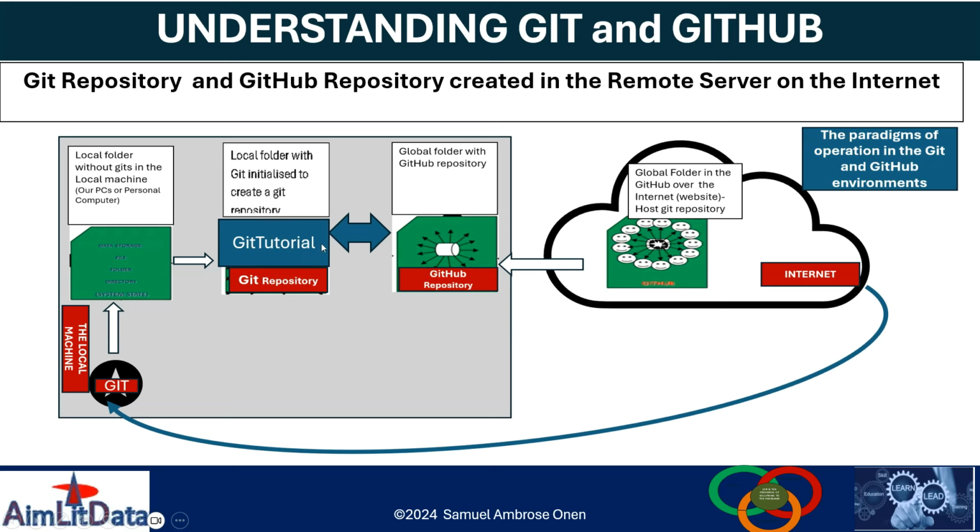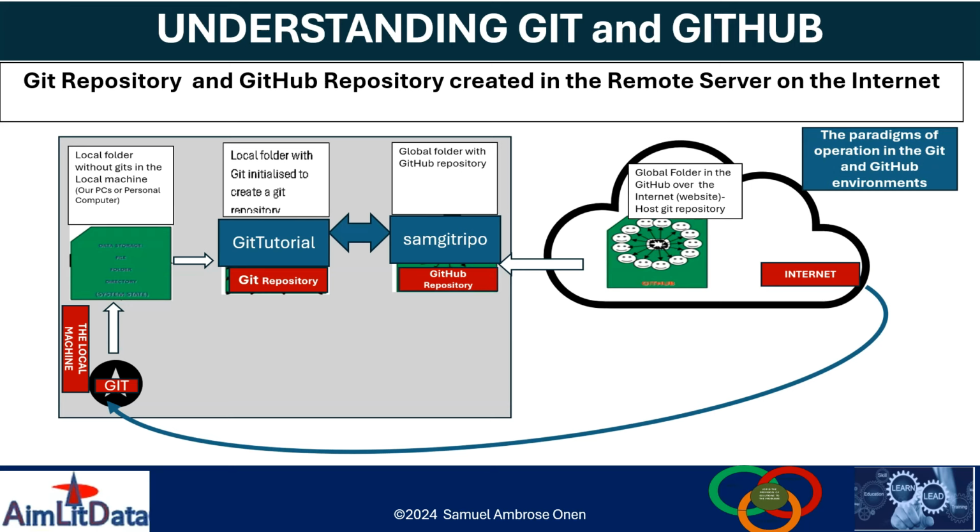And I told you that this local repository is directly linked to the global repository, which is called the GitHub repository. Remember, there's a difference between Git repository and GitHub repository. Git repository is created locally on your machine, and GitHub repository is created inside the GitHub web server, right?